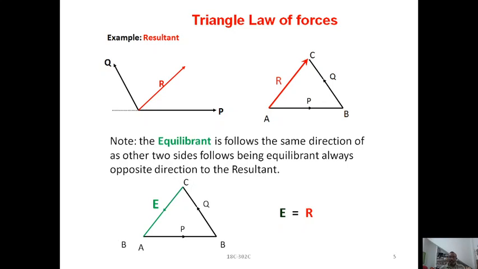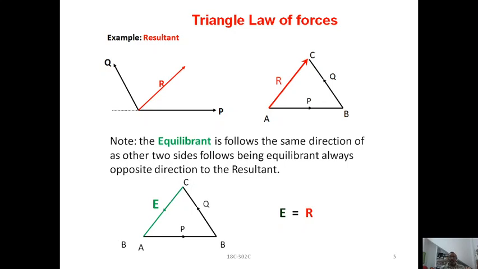We should arrange them so that there is continuity in the direction, clockwise or anti-clockwise, so that the third side of the triangle gives us the resultant or equilibrant. To get the resultant, the third side should be in the direction opposite to the continuity direction of the other two sides.